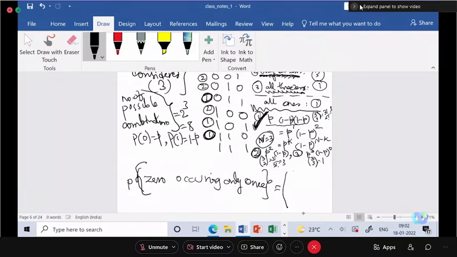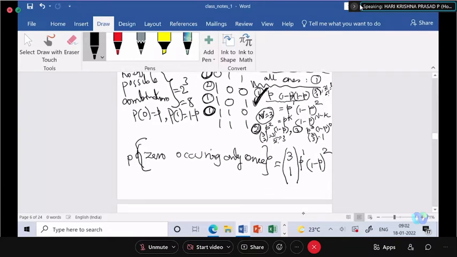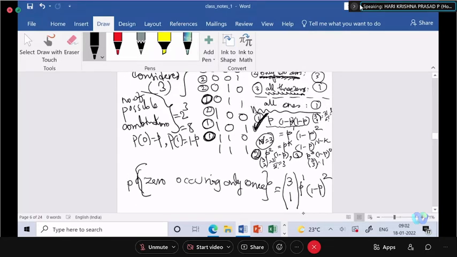I should show it like this because 3 trials are there: 3 times p power 1, 1 minus p squared. Is it okay? This is the concept behind Bernoulli trials. Any questions, please?